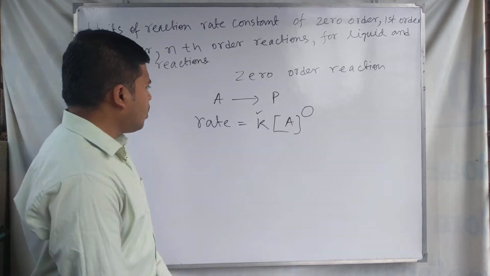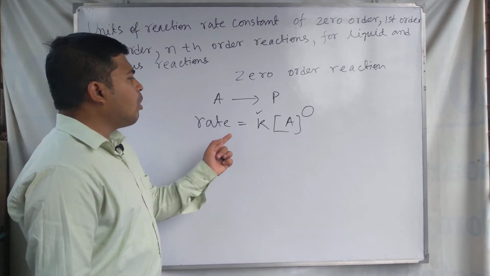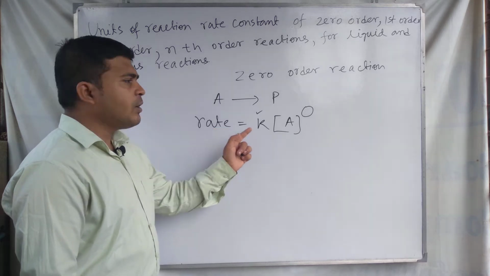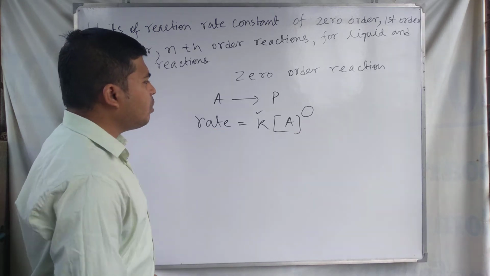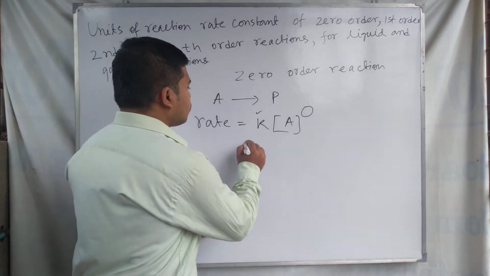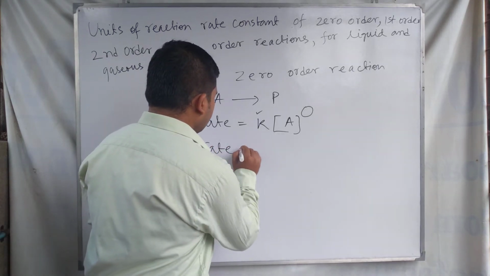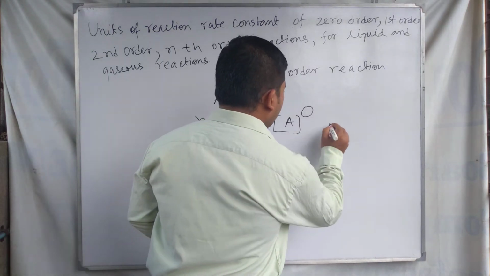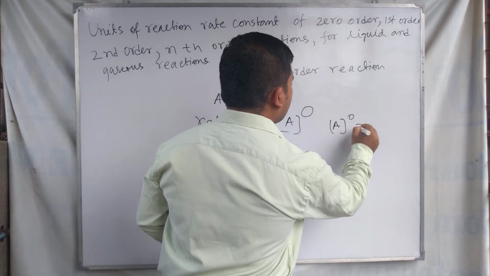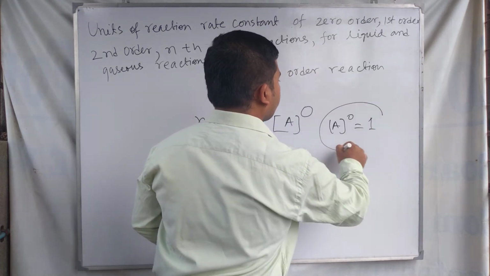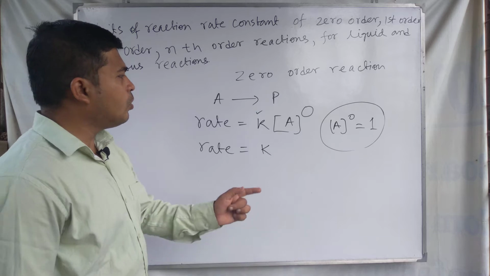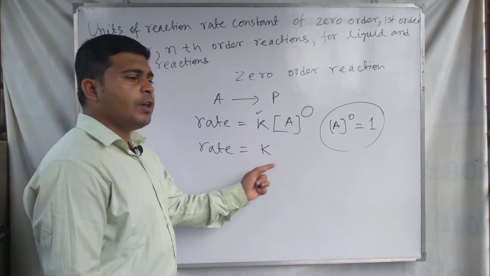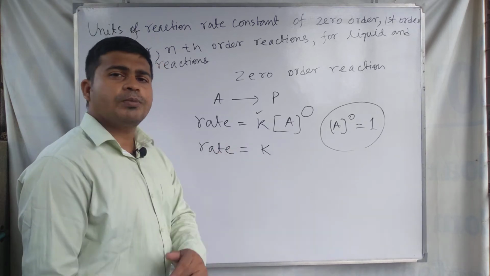We have to derive the unit of K from the unit of rate. Here A to the power 0 equals 1, so rate is equal to the rate constant K. So the unit of K equals the unit of the rate of the reaction.